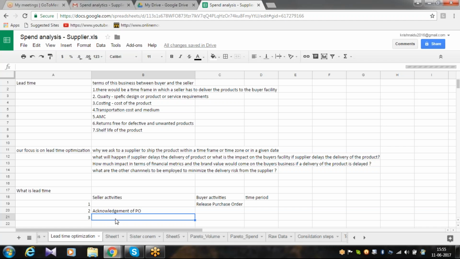What is the third activity? Changes, if any, on the PO, or accept the PO. That will be done by the seller, who will provide the date of availability.